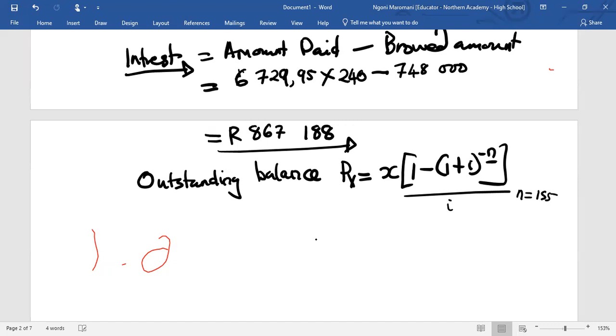Therefore, the outstanding balance will now be, what's our X, good people? Remember, X is the repayment.